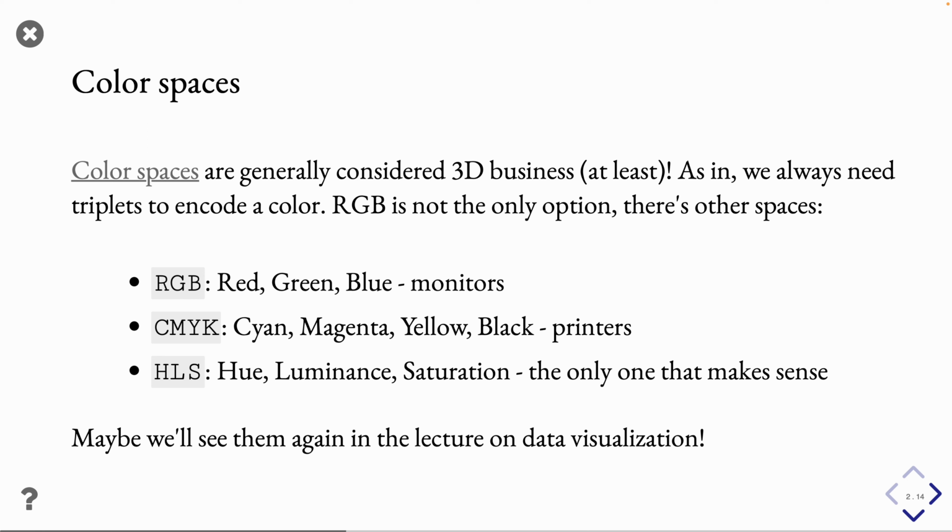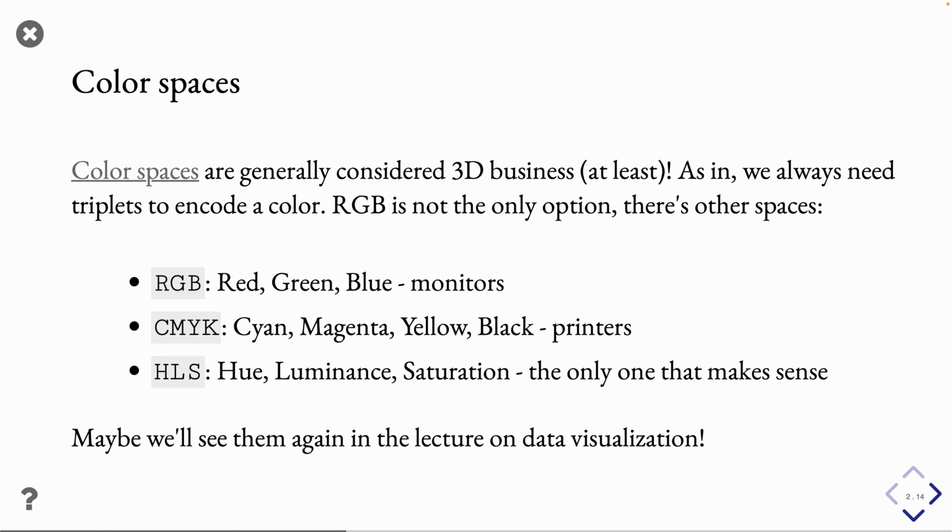Most of the formats that encode color are based on triplets of numbers. The most common one we are used to is the RGB color scheme, where for each pixel we have 3 numbers that encode the intensity of red, green, and blue. This is basically the standard for anything that we want to display on a screen.